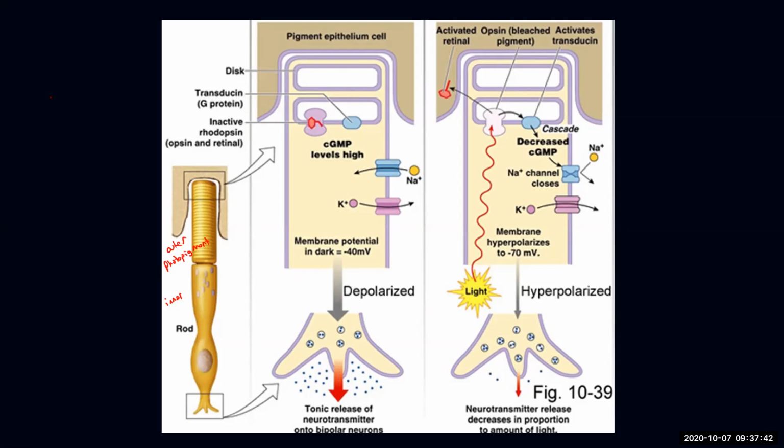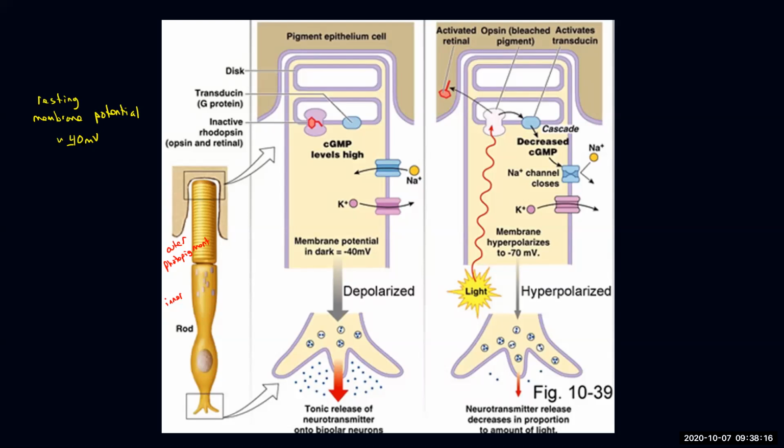Okay, so here's something I'm going to tell you about rods and cones that will hopefully help make sense. The membrane potential of these is about minus 30 to 40 millivolts. Okay, so we learned minus 70. In rods and cones, it's a little different.